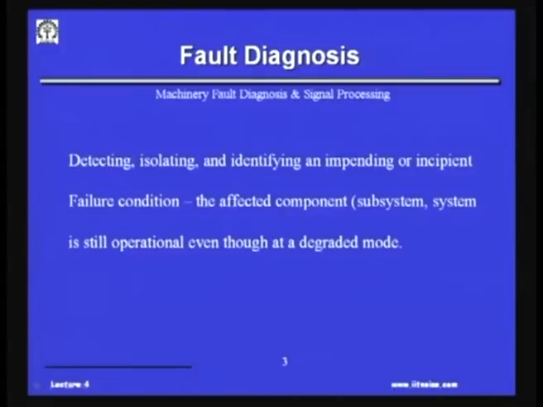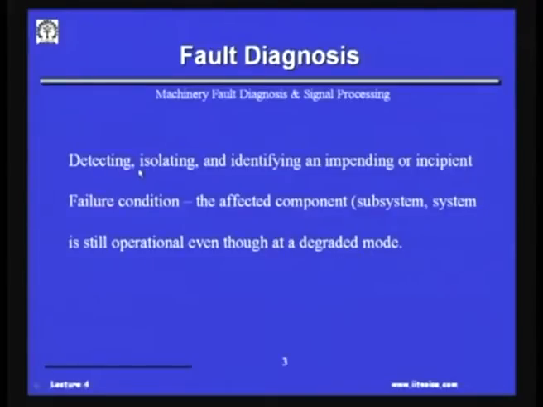So, before we move to the next sections, I would like to give you a definition of fault diagnostics, which is detecting, isolating and identifying an impending or incipient failure condition. The affected component, subsystem or system is still operational even though in a degraded mode.